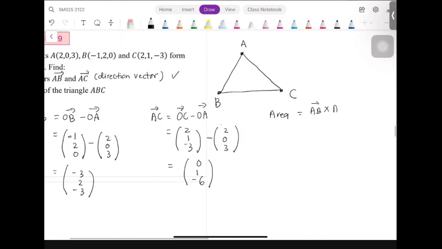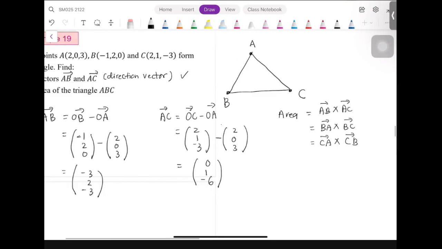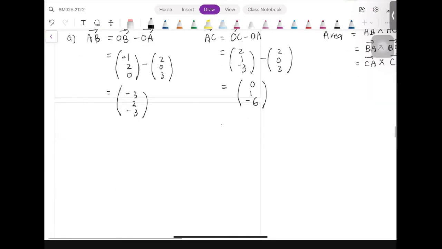But since from part A we already found AB and AC, just use those for our next part. So, AB cross AC.